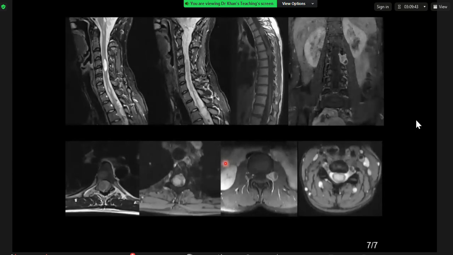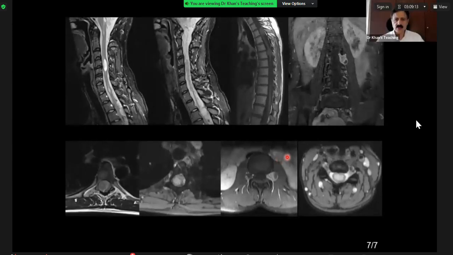They are intramedullary and they're in keeping with ependymomas. But there is one lesion that is actually coming out of the neural foramina, which I can see on the axial slices. And this appears to be a schwannoma, which is coming out of the neural foramen. So the patient has got ependymomas and a schwannoma as well.